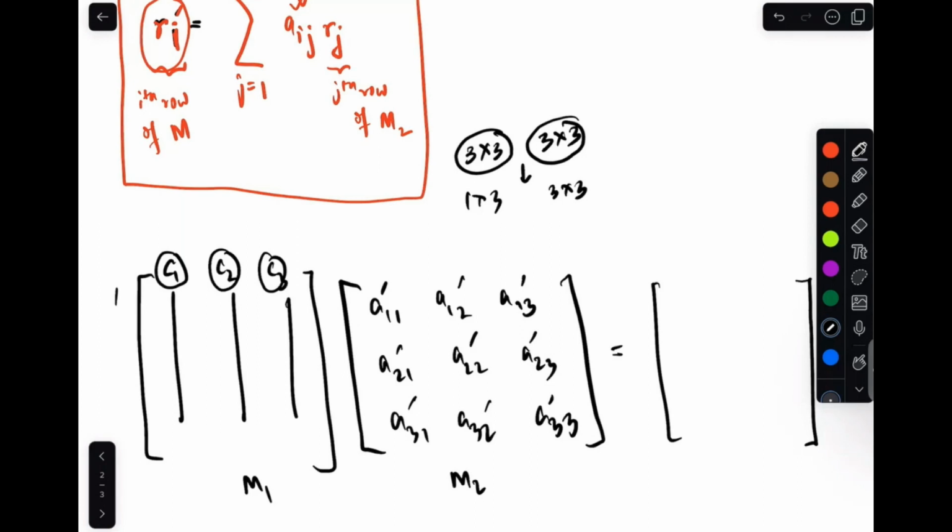I'm repeating once again. If you just reduce this individual group of numbers, vectors, to a single algebraic variable C1, C2, C3, it's as if you are doing 1 cross 3 multiplication with 3 cross 3 multiplication, which gives rise to 1 cross 3 again. But it's algebraic. Under the hood, these algebraic variables C1, C2, C3 are actually vectors. Okay, this is the beauty.